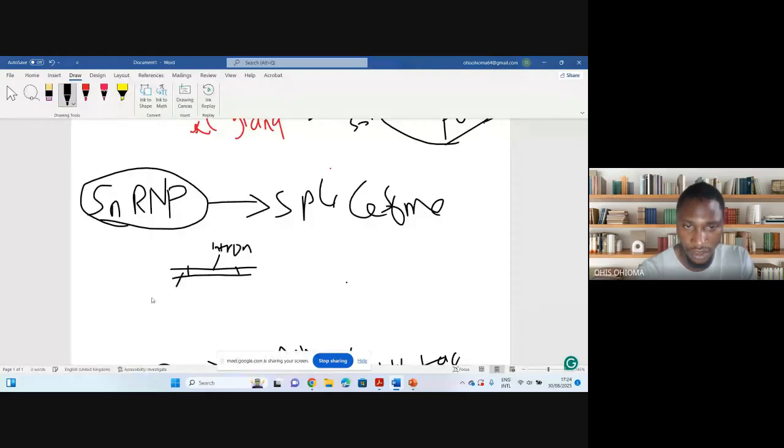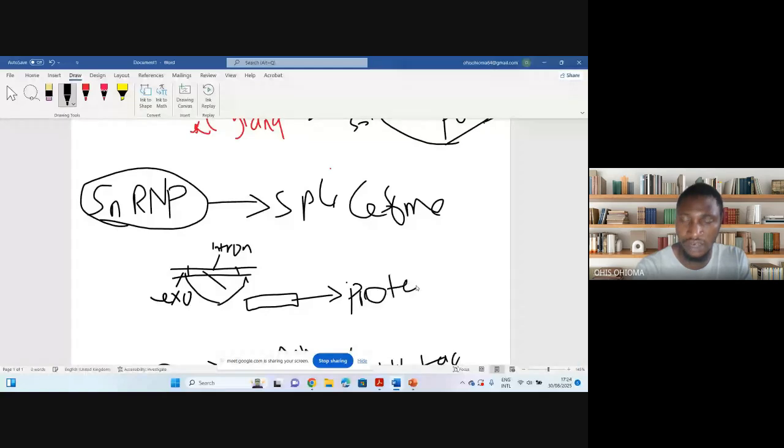The spliceosome splices out the intron, so the two exons meet and form a complete messenger RNA that now goes in, and proteins are formed with this, right? So it helps in the translation process, in protein translation.